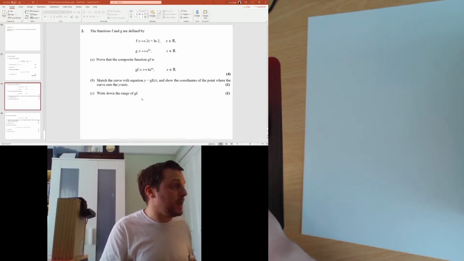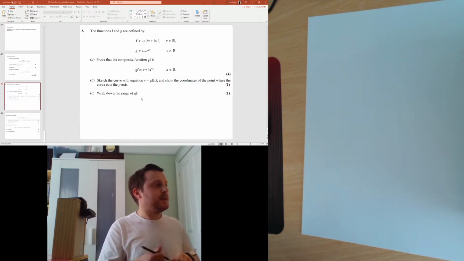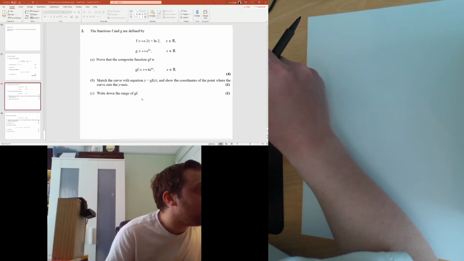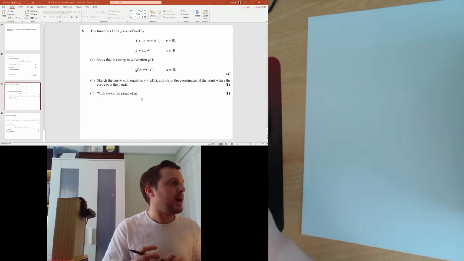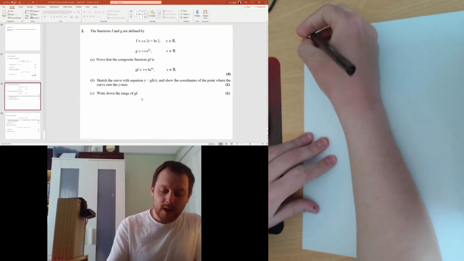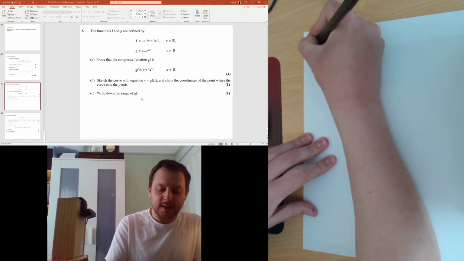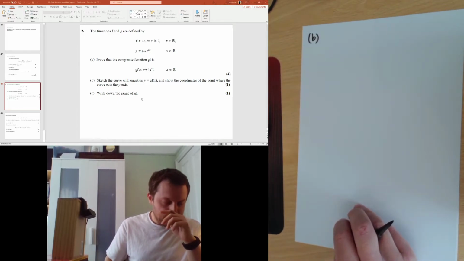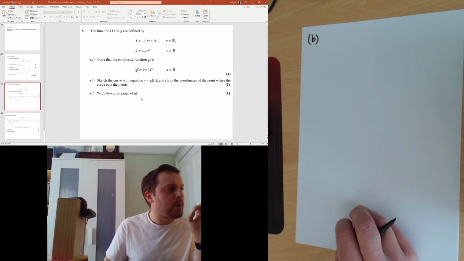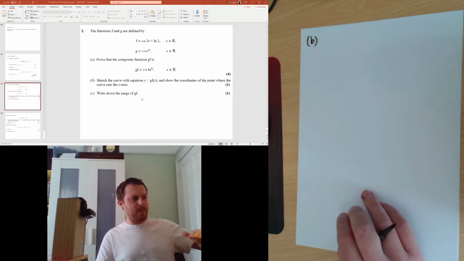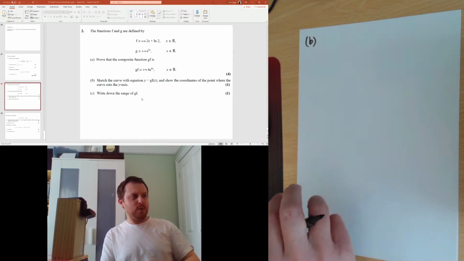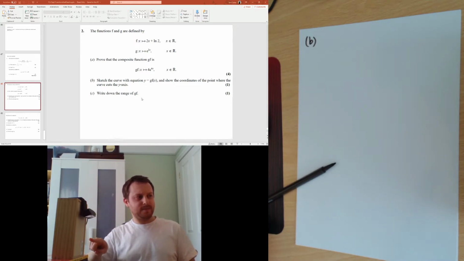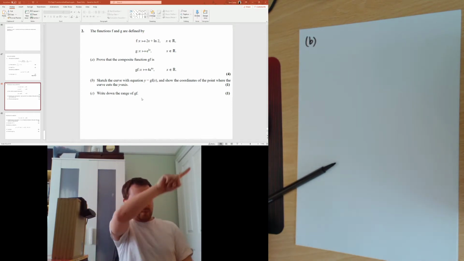Right, part B, sketch the curve. Okay, let's have a look. So I have to sketch 4e to the 4x. I don't know how much detail to go into with my explanation, but that's a positive exponential, so it means it goes up.